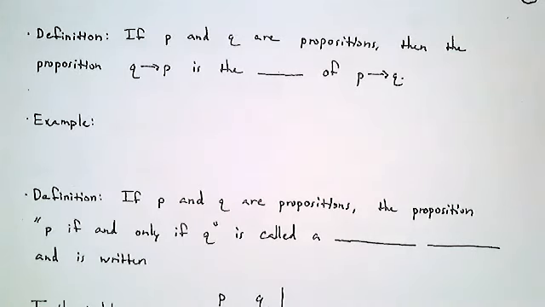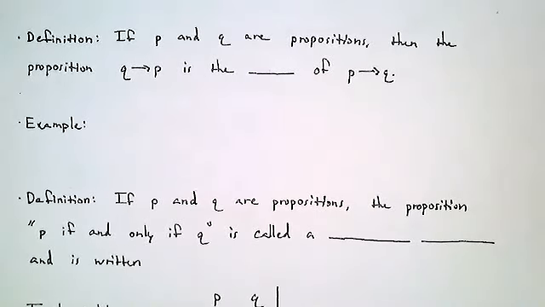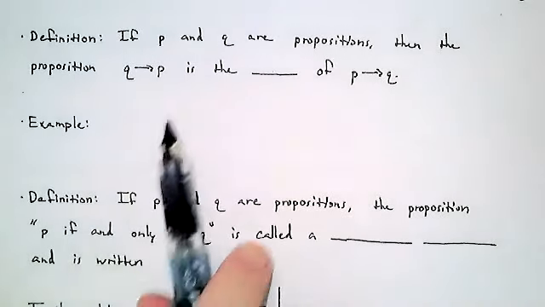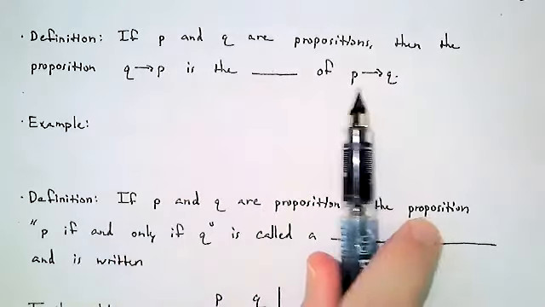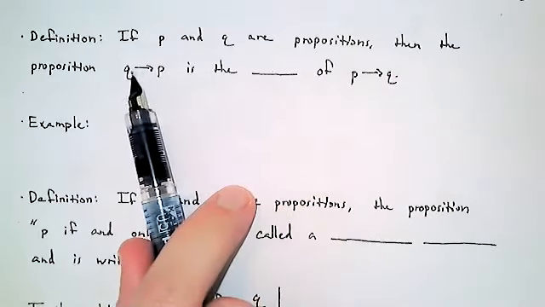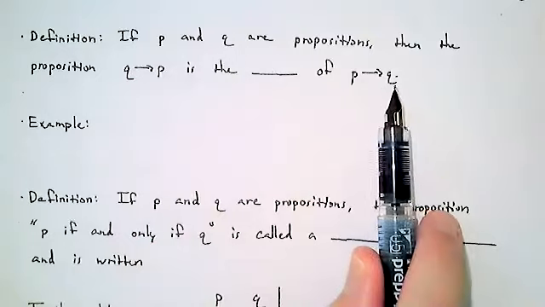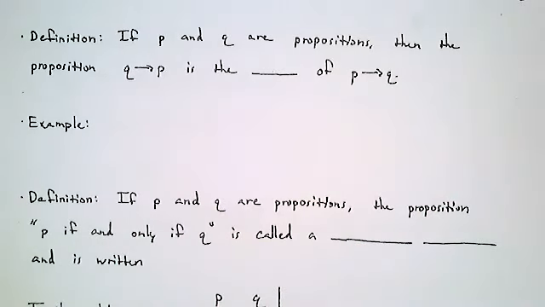Okay, so next we need to talk about this. So here I'm switching the order. Q is pointing at P and P is pointing at Q. And this has a special name in logic.